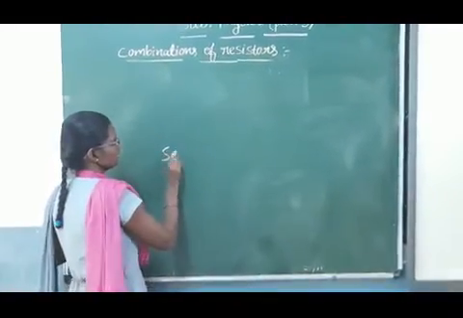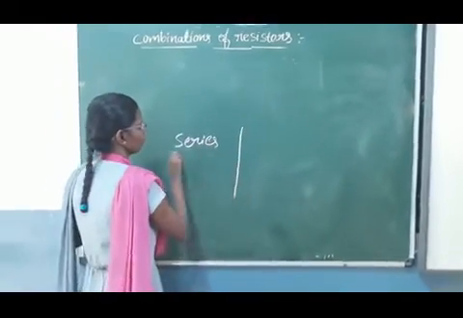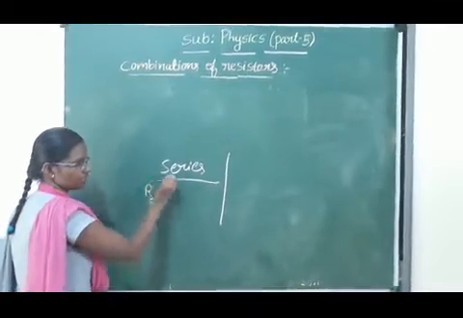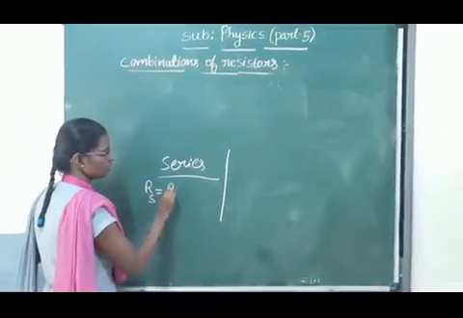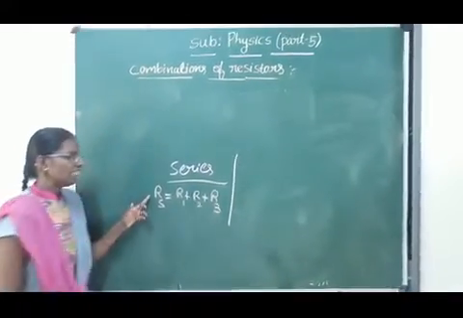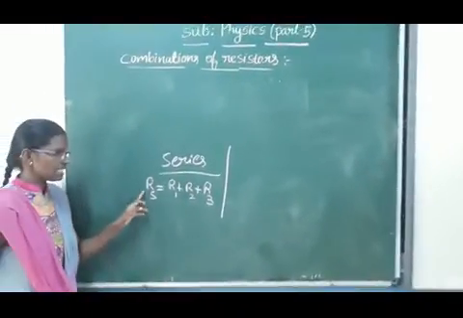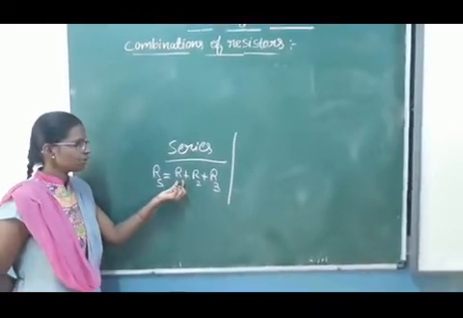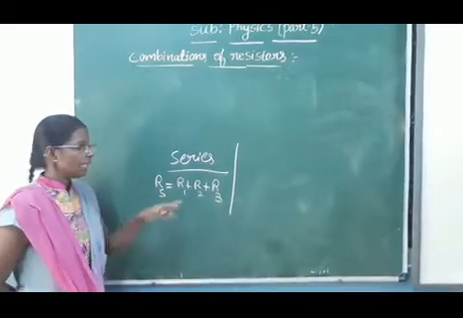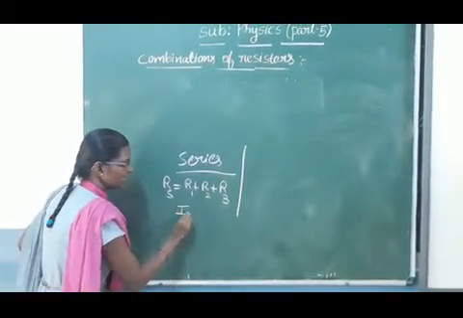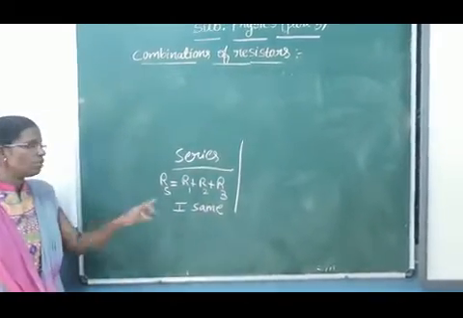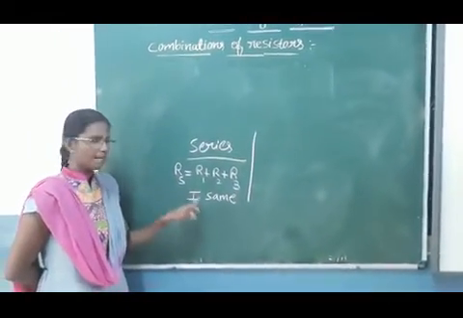In a series combination, the formula is Rs is equal to R1 plus R2 plus R3. The equivalent resistance in series is equal to the sum of the individual resistances. And here the electric current remains the same in every part of the electric circuit. So the electric current is a constant value.